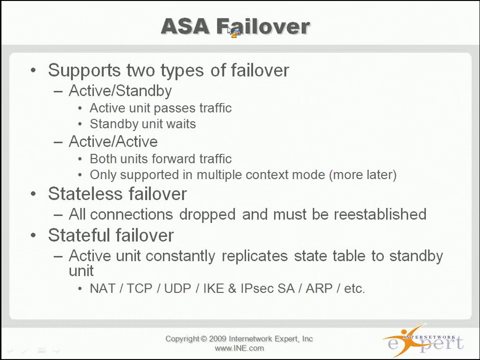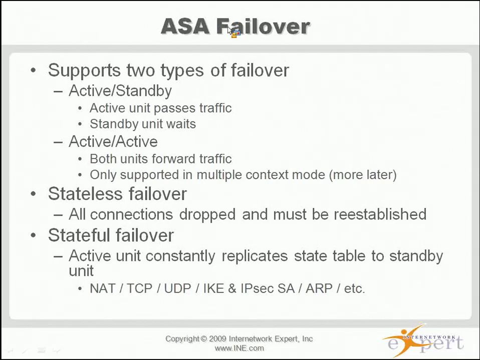So active-active, slightly different. With active-active, both units forwarding traffic, in this case requiring multiple context mode. We talked about the ability to have contexts. You can have, say, 4 interfaces, have them split up, 2 in context A, 2 in context B, have 2 firewalls side by side.